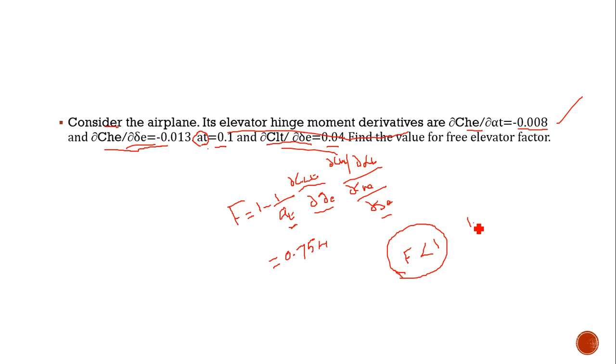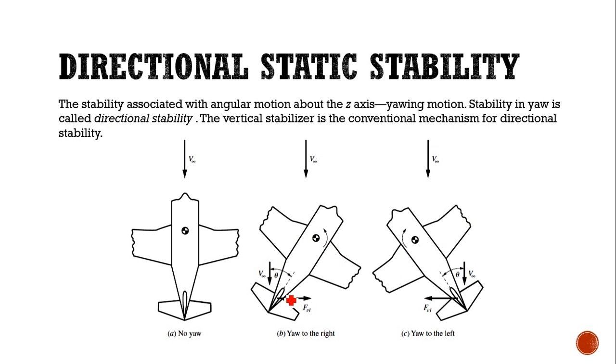It should be less than 1 only, then the answer is correct. So the answer is F equal to 0.754. That is the correct answer. Everyone got the same answer now? Okay, fine.